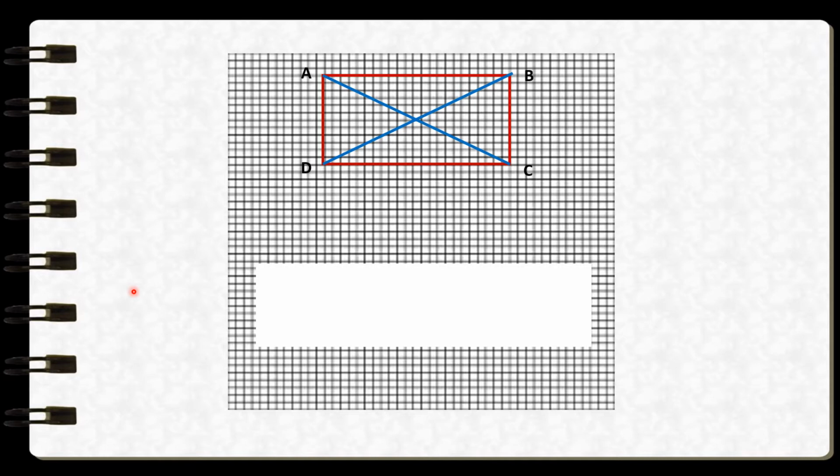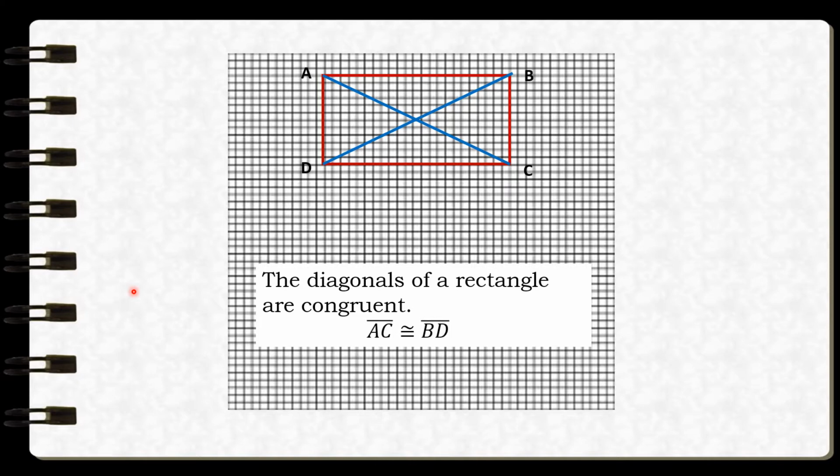Now my question here is, are their lengths equal? Are the diagonals congruent? Well, the answer is, the diagonals of a rectangle are congruent. So meaning to say, segment AC here is congruent to segment BD here.